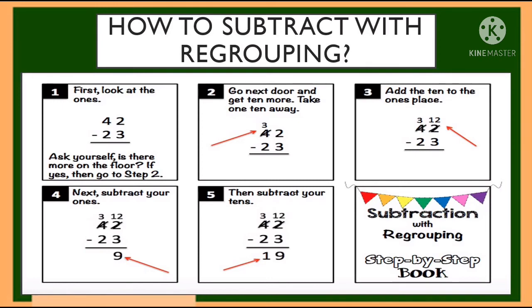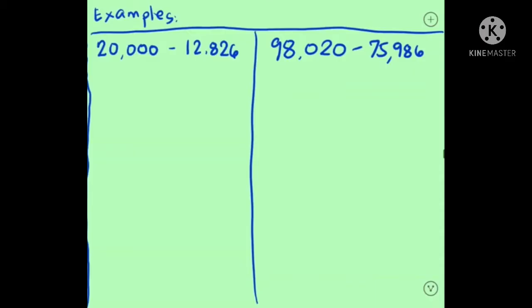Okay, so in order for you to have a deep understanding about this, please listen to Teacher JP number 2. He will explain these 5 processes again, and he will also give more examples. Again, you need to listen well to Teacher JP number 2. So this is how to do the subtraction of numbers with regrouping.